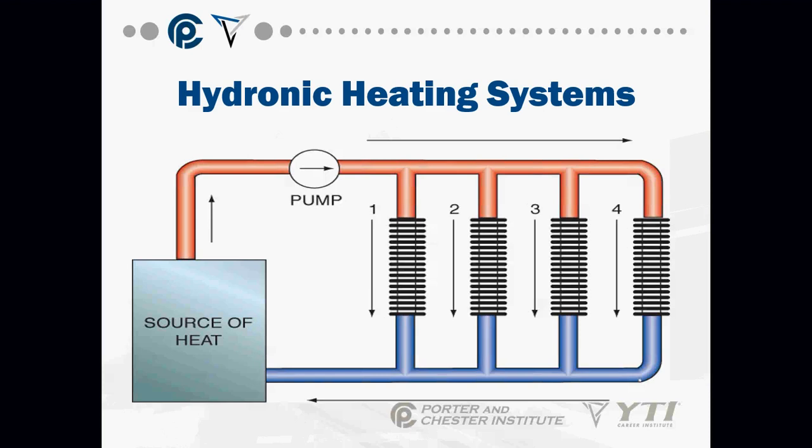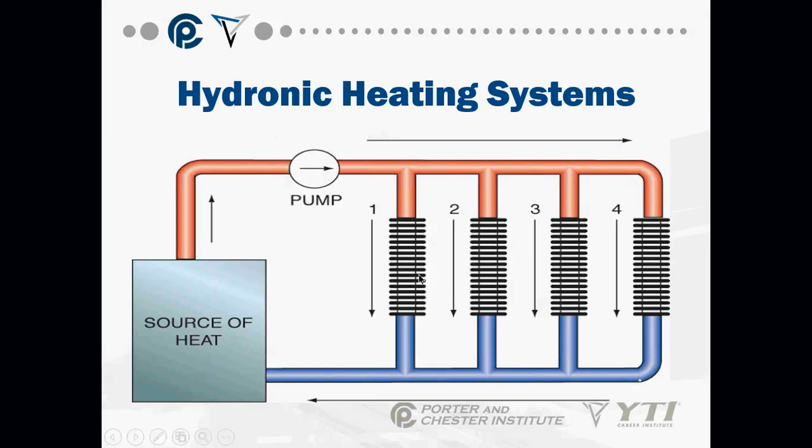This diagram is a simple representation of a hydronic heating system, where you have your boiler, which is your heat source. Your supply line is usually the pipe out the top of your boiler, connected to your expansion tank and your water feed, and usually it'll have a circulator pump, which will send the water out to all of your baseboards and heating systems throughout the house.